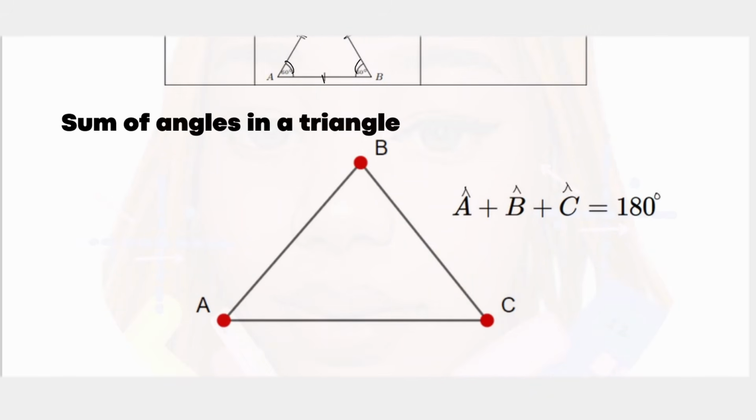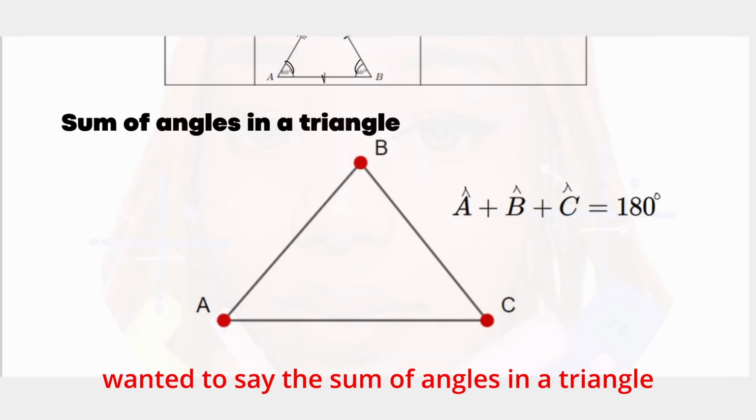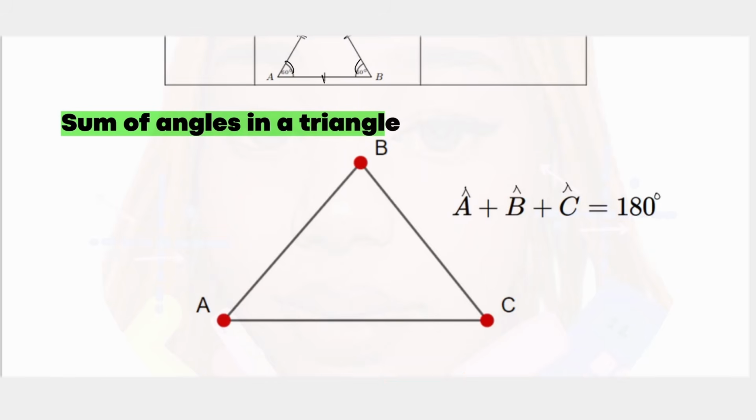One property about a triangle is the sum of its angles. Let me just highlight it. The sum of angles in a triangle is equal to 180 degrees. So when you add up angle A, as I put it here, plus angle B plus angle C, it's going to give us 180.